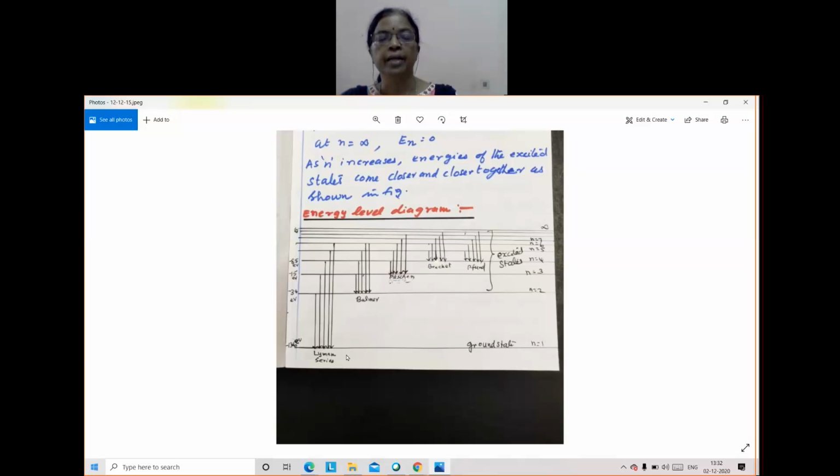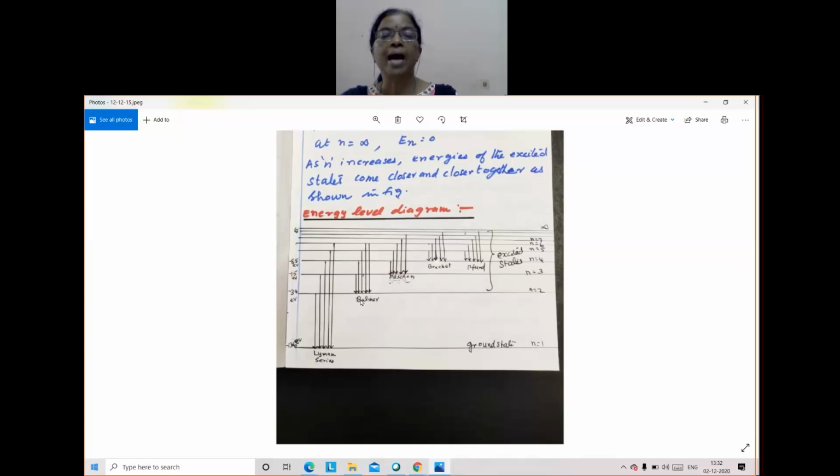It will have energy hc by lambda, it will have wavelength lambda. So like that, when an electron jumps from higher energy levels to the ground state, we get the Lyman series. That is Lyman series.